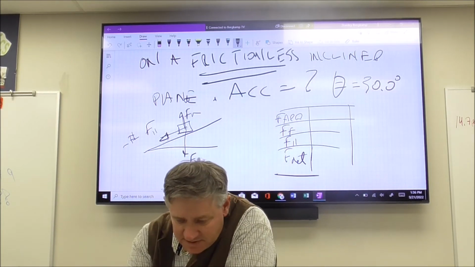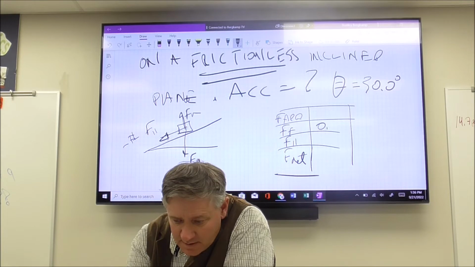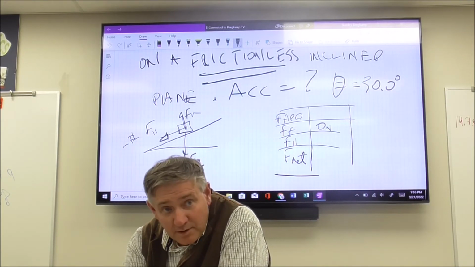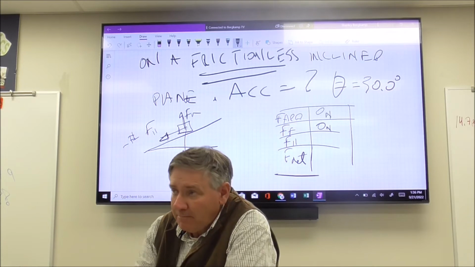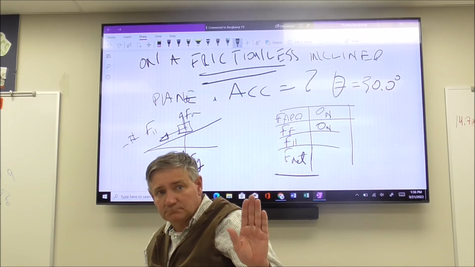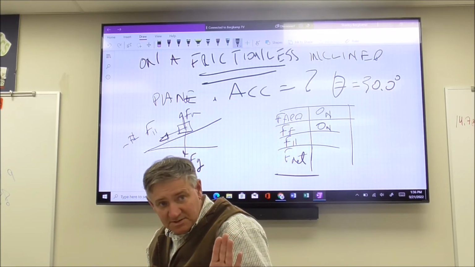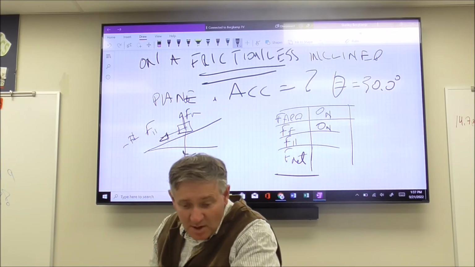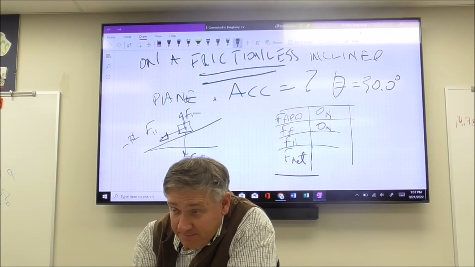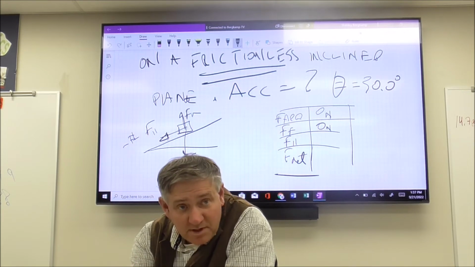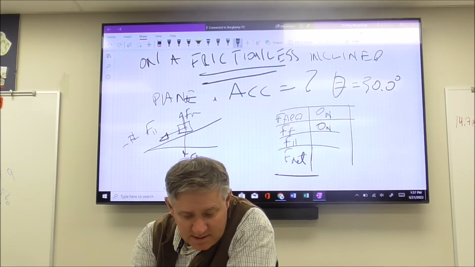So in this situation, it's frictionless. I don't have to worry about that. Okay? I'm not pushing, I'm not pulling, nothing. My applied force is going to be 0. So if you go through the math, because it's a 30-degree angle, this is the math we've already done. 1.02 kilograms, force weight is 10 newtons.